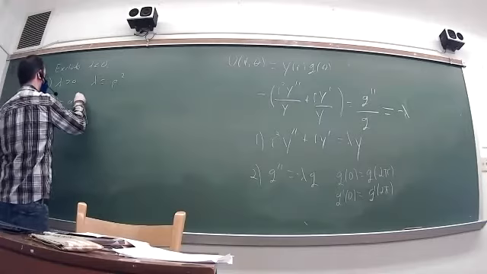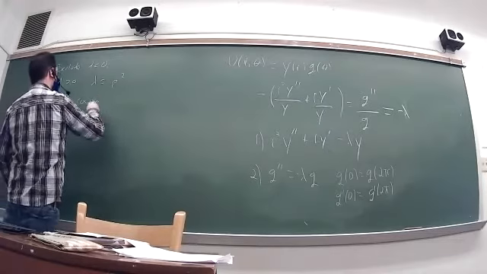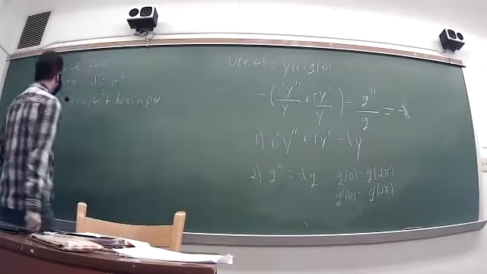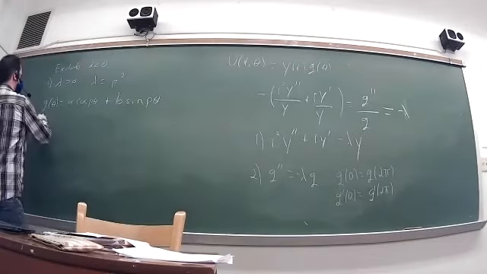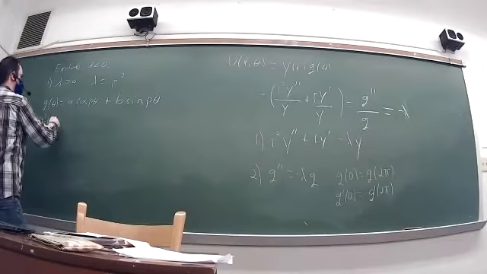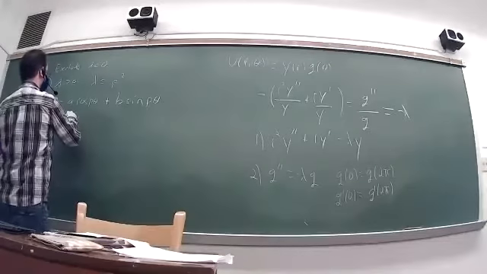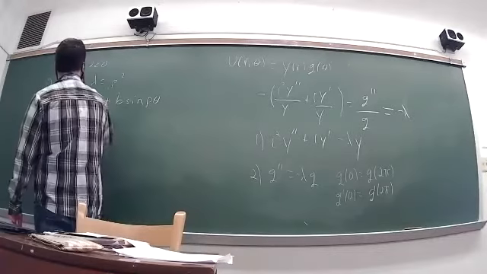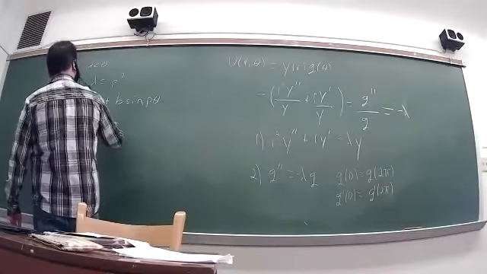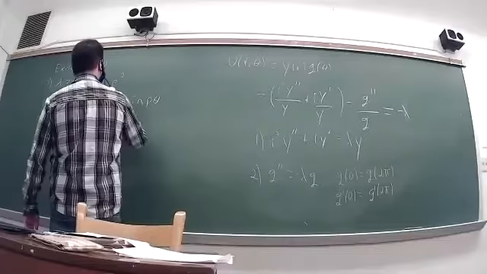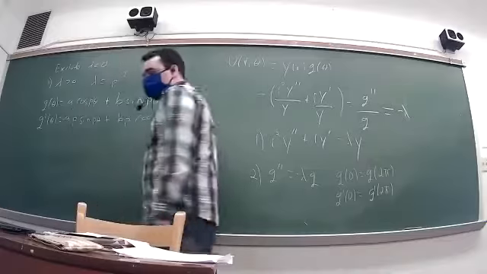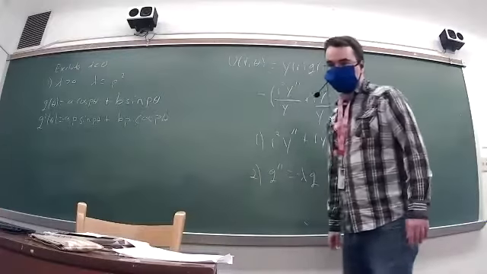So a cosine p theta plus b sine p theta, and here's g prime. So this is negative a times p times sine p theta plus b times p times cosine p theta.